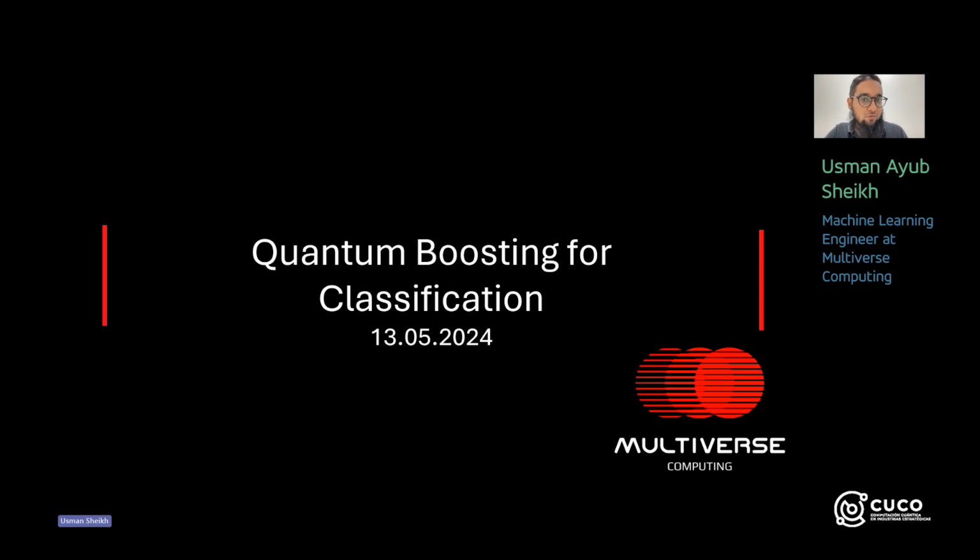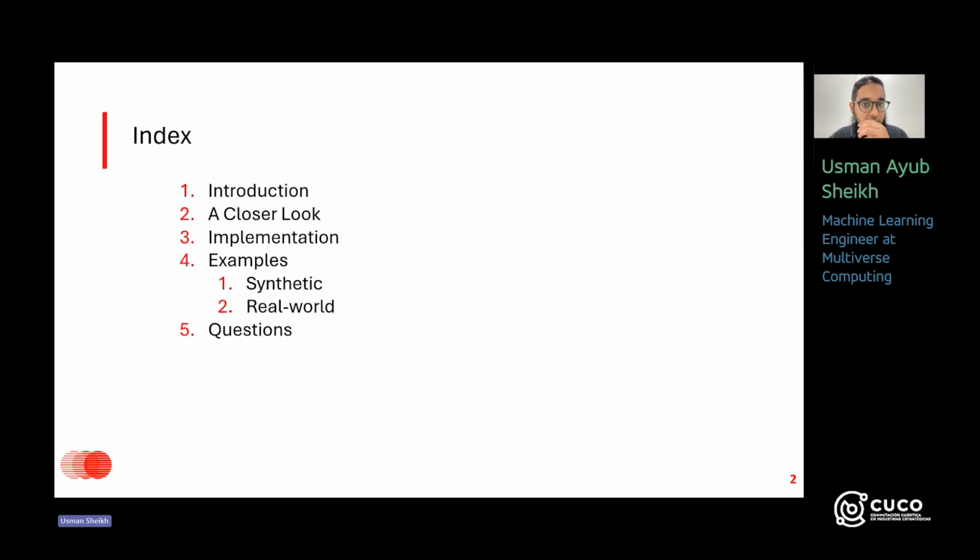So I would like to start this presentation with a quick introduction to the quantum boosting for classification, and then I would like to go a bit deeper into the cost function of the algorithm, and finally I would like to talk about a very simple possible implementation of this.